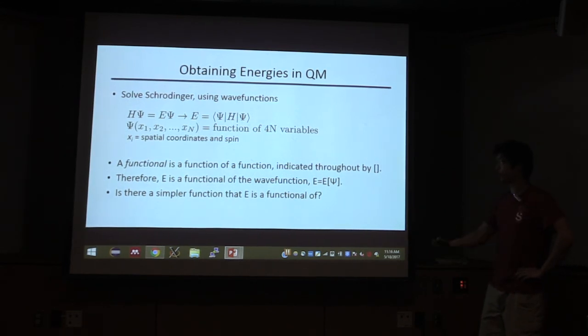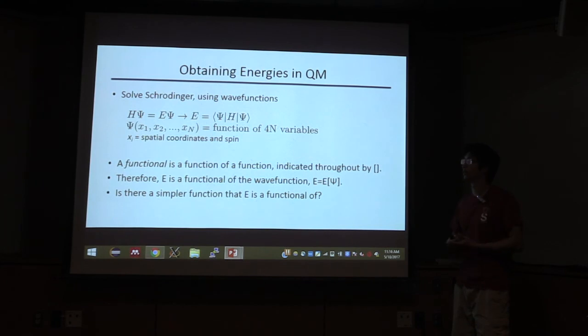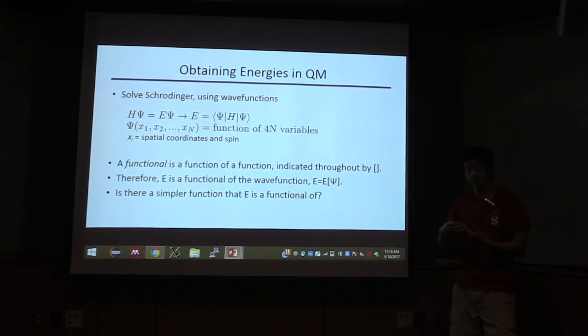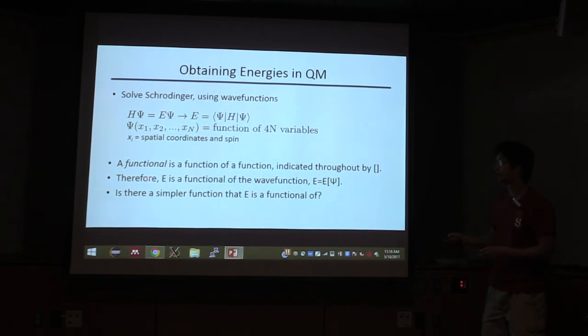People were fine using wave functions for a while, and then they started doing more and more expensive configuration interaction calculations. At this point, they realized that the wave function is actually quite complicated, and that when you have a really long expansion of your wave function, it becomes hard to interpret what certain determinants mean.